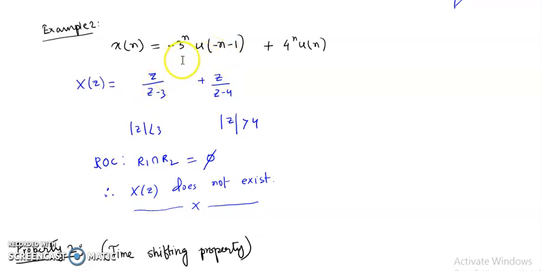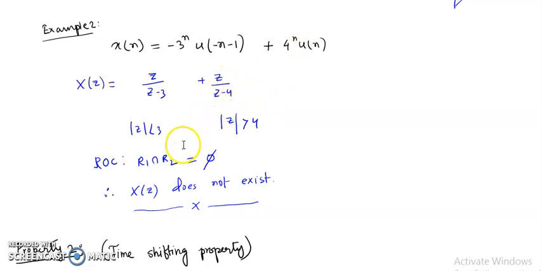So here also you can write z by z minus a, where a is equal to 3, so z by z minus 3, but this ROC will be the reverse of the positive case, so mod z greater than 3 becomes mod z less than 3 due to the negative index of n. While this other signal is positive, its ROC will be mod z greater than the constant 4, and its Z transform is given by z by z minus 4, where the constant is subtracted.